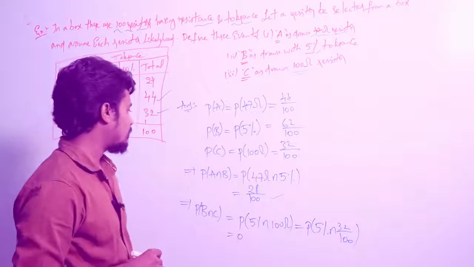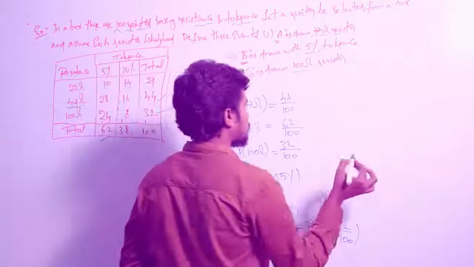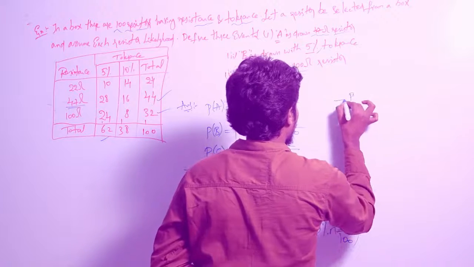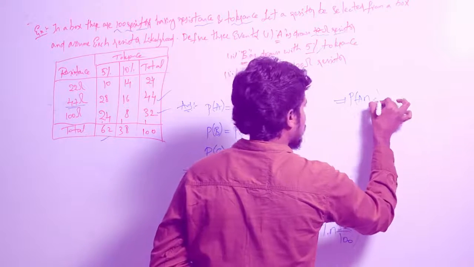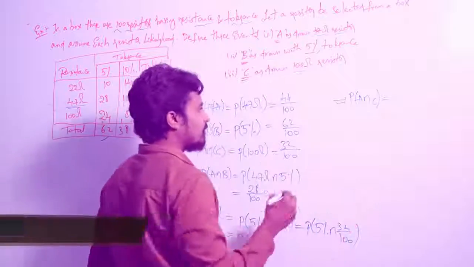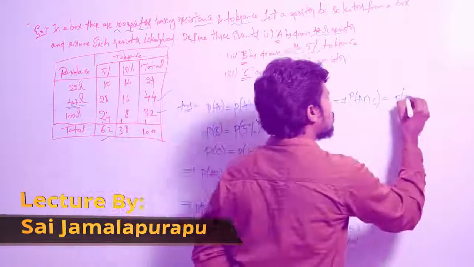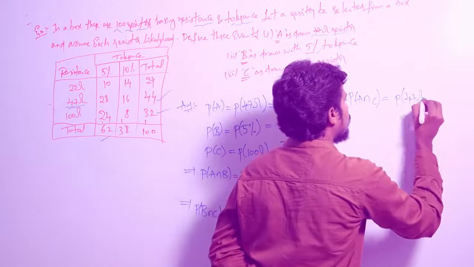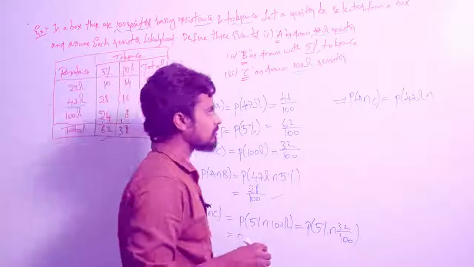And next you have to apply the P of A intersection C. P of A intersection C, what will happen? That will be the P of A be the 47 ohm intersection C be the 100 ohm.